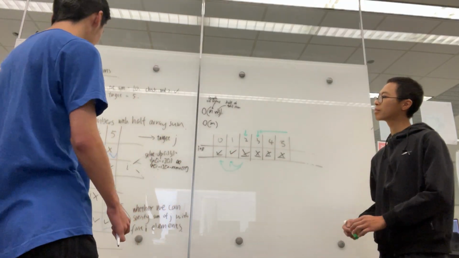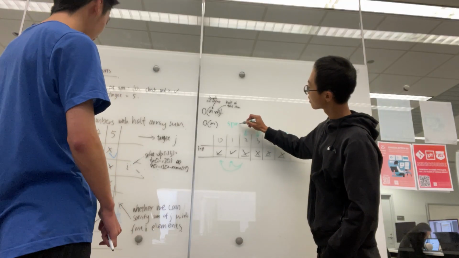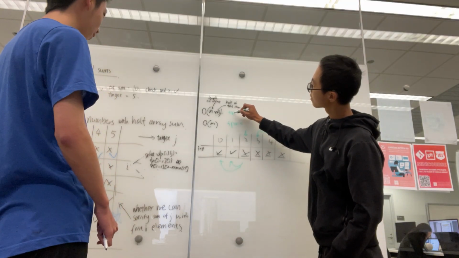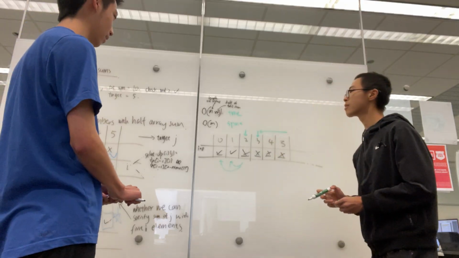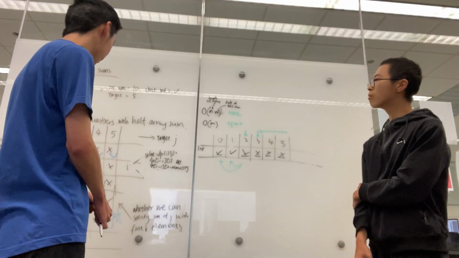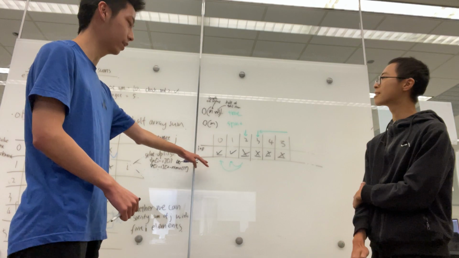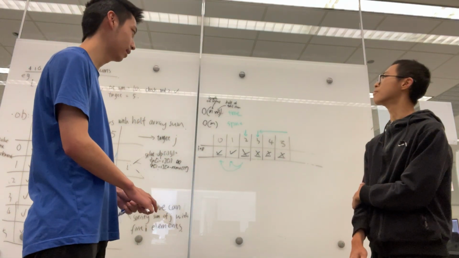Compare that to here. It's a 2D array, so the space complexity is O of n times m, the same as the time complexity. So this is a lot better in terms of space complexity.